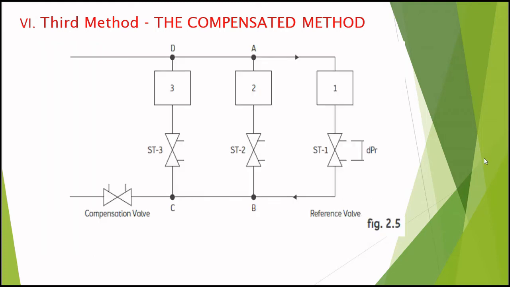There are two main definitions for two types of valves in this method: the reference valve and the compensation valve. The reference valve and compensation valve. So, where did this definition come from?